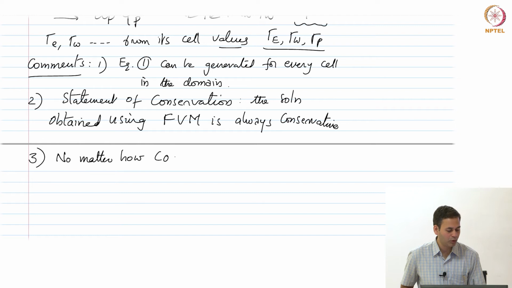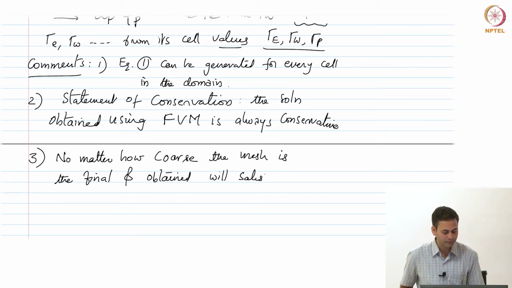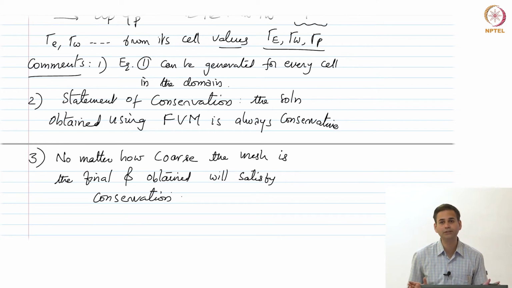Now, that means no matter how coarse the mesh is, the final phi obtained will satisfy conservation. For example, if I have a 1D problem, I can take 100 cells, or I could take 5 cells, or I could take 3 cells.